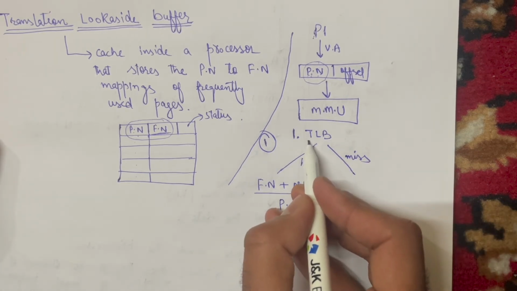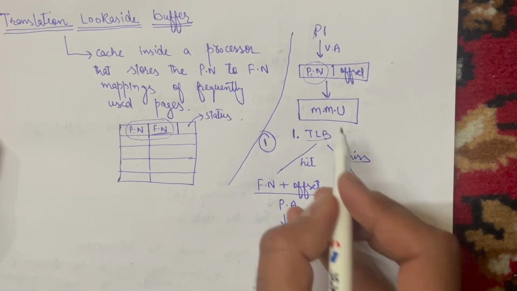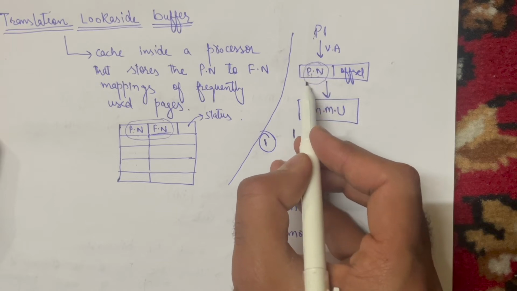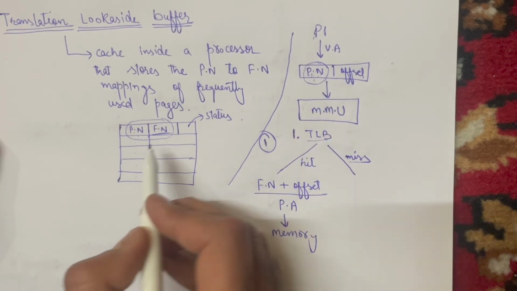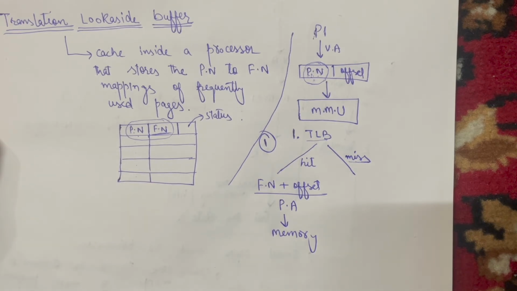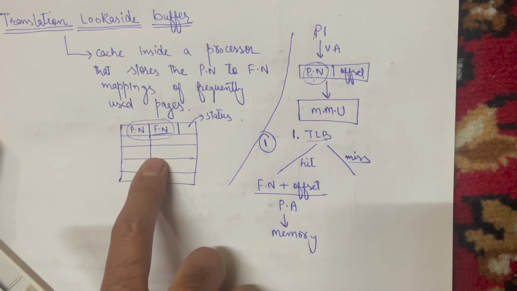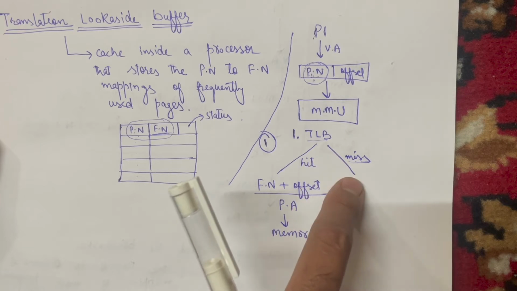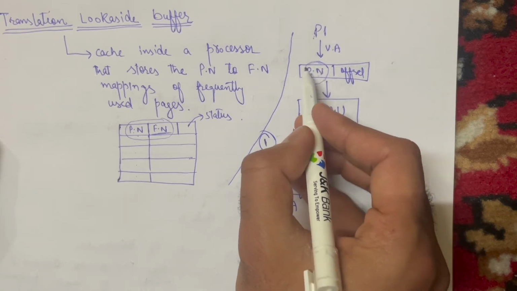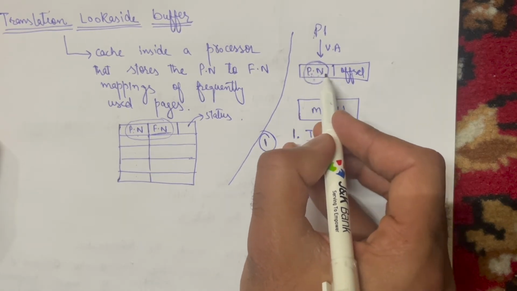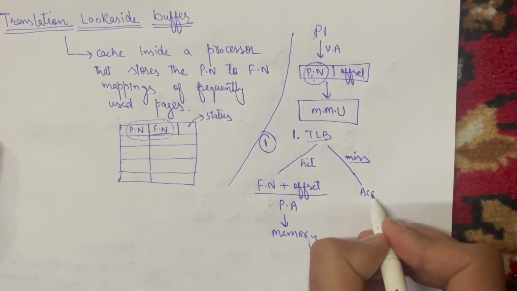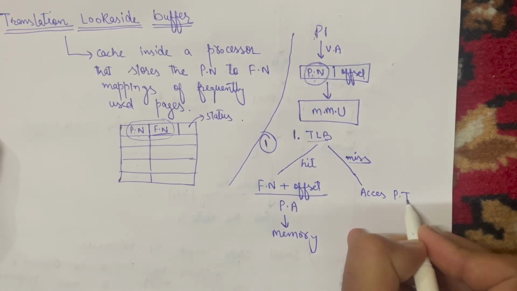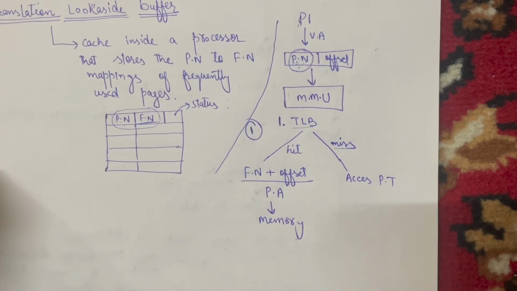Now let's say there is a TLB miss. Miss means that the mapping of this page number, or this page, is not in the TLB. So it will be a TLB miss. That means now it has to convert this page number into a frame number. That means it has to access the page table, because in the page table there will be the mapping.